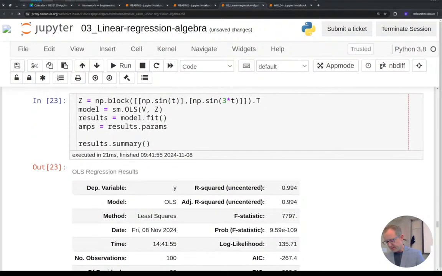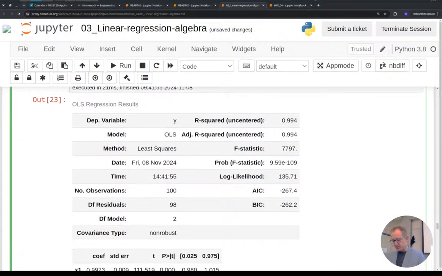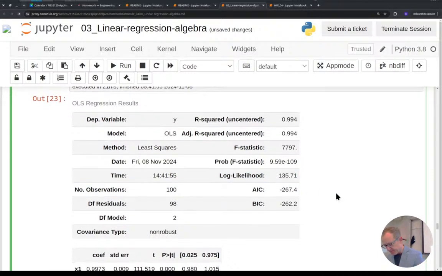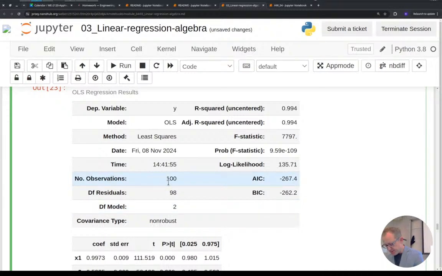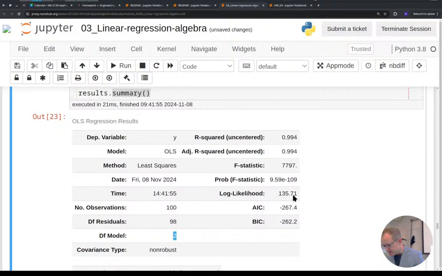If you look at the results summary, whenever you use statsmodels, it gives you all sorts of great stats information about how you know that this was a good fit, like number of observations 100, degrees of freedom of residuals 98, degrees of freedom of my model was 2. All sorts of good stuff.